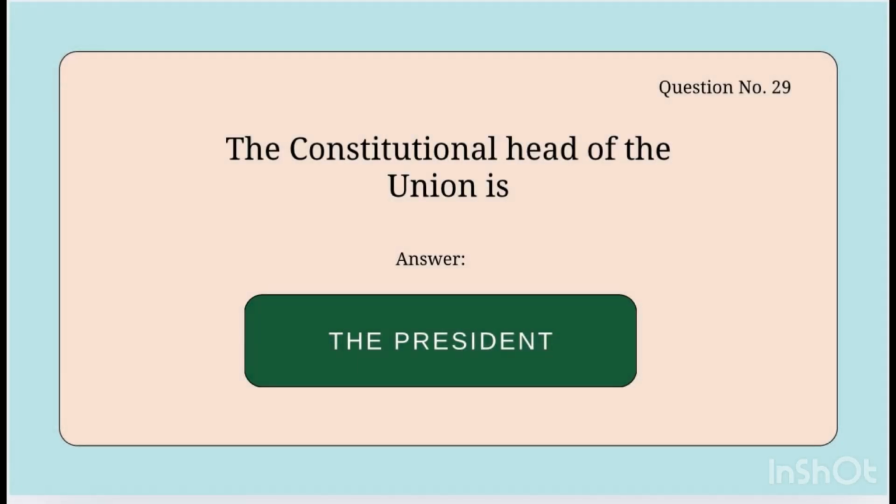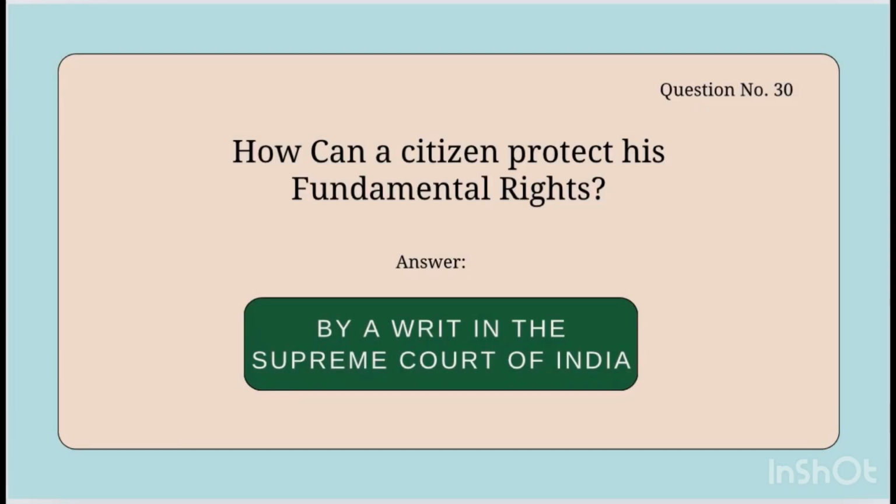Next question, the constitutional head of the Union is the President. Next question, how can a citizen protect his fundamental rights? The answer is by writ in the Supreme Court of India.